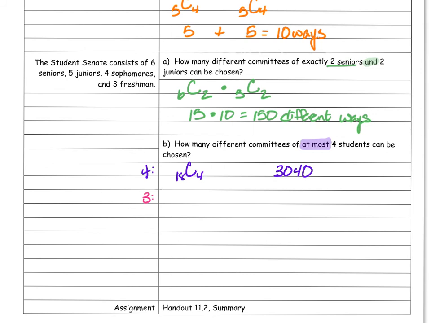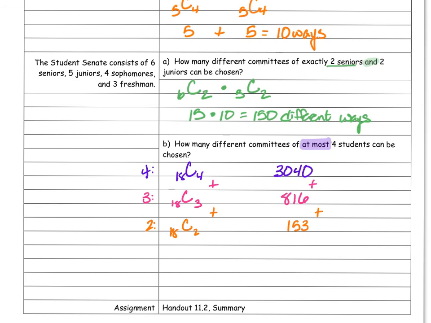So I'm going to see how many I could have if I have a 3-person committee. 18 choose 3 is 816. Okay. And if I have a 2-person committee, it's 18 choose 2, I can make 153 different committees.